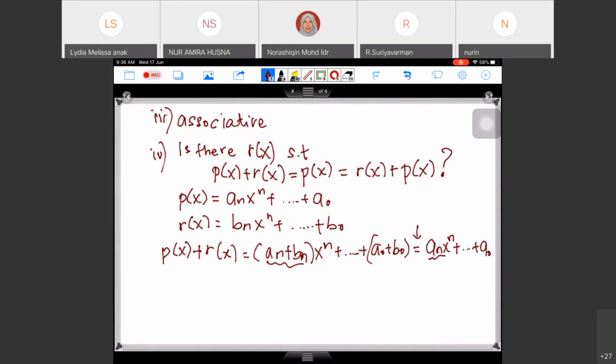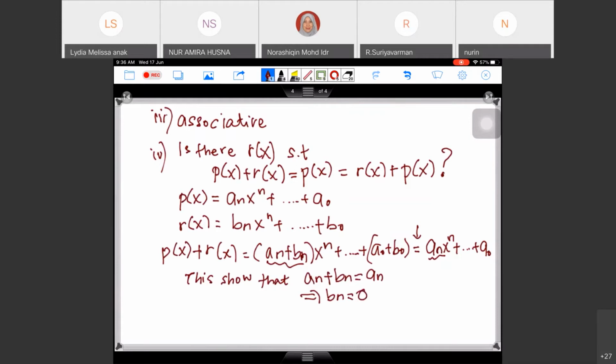So this shows that An plus Bn equals An, and hence Bn equals 0.